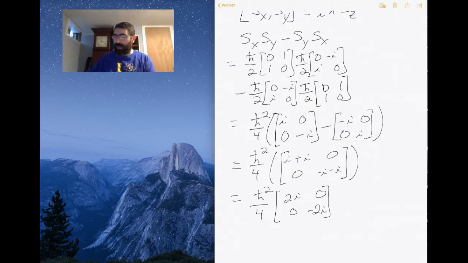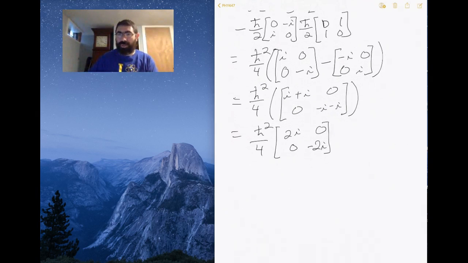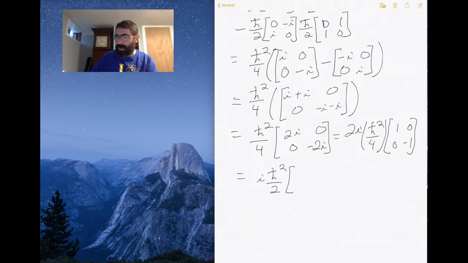So now I have h bar squared over 4 times the matrix 2i, 0, 0, minus 2i. And if I factor out the 2i, I get 2i times h bar squared over 4 times the matrix 1, 0, 0, minus 1. And so now I have i h bar squared over 2 times the matrix 1, 0, 0, minus 1.